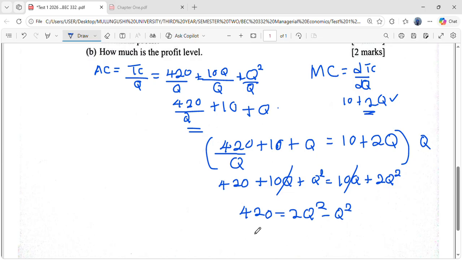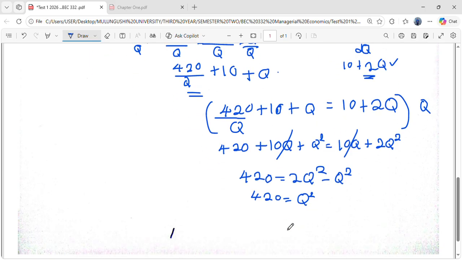So it will be 420 is equal to Q squared. Since we are finding the value of Q, you can introduce the square root on both sides. So it will be the square root of 420, which is equal to 20.49. So this is the production when we look at cost minimization.